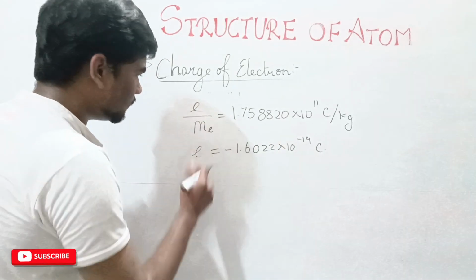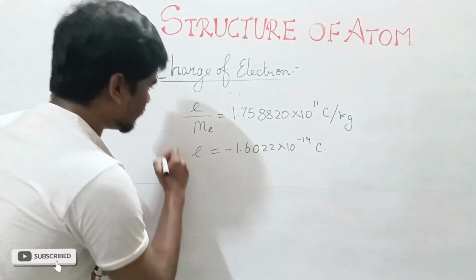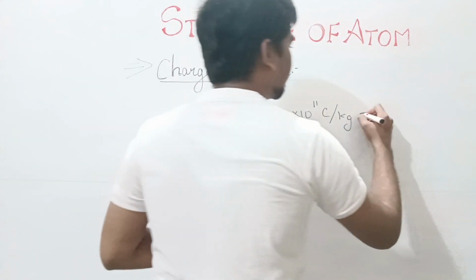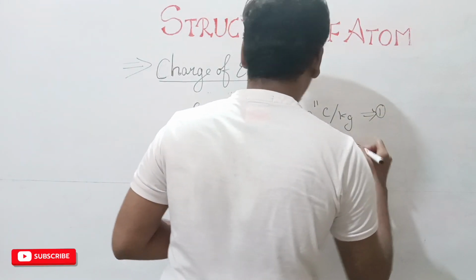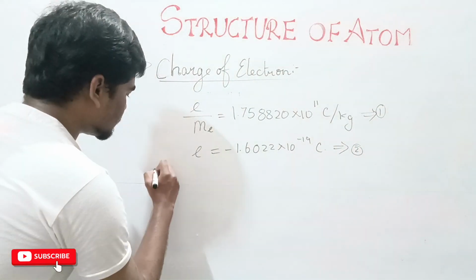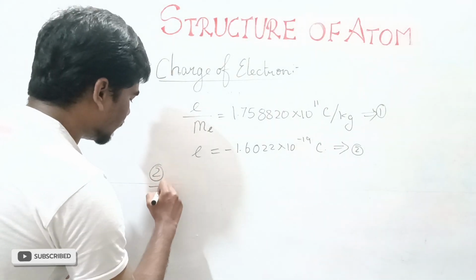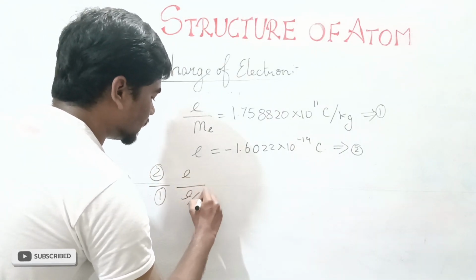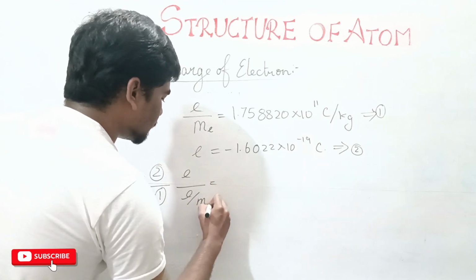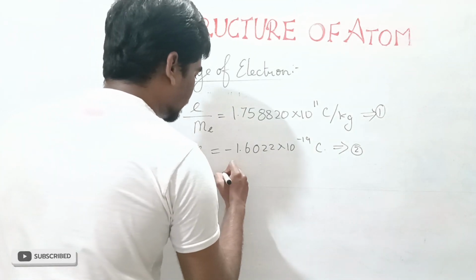If I do that division, I'm writing it here. This is the first value we got, and this is the second value we got. I'm just dividing 2 by 1. It is nothing but e divided by e by m, the mass of electron. So I'm writing that value here.